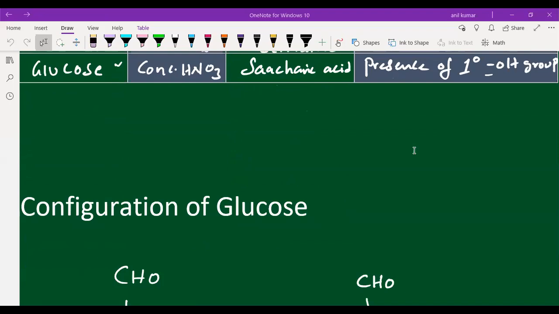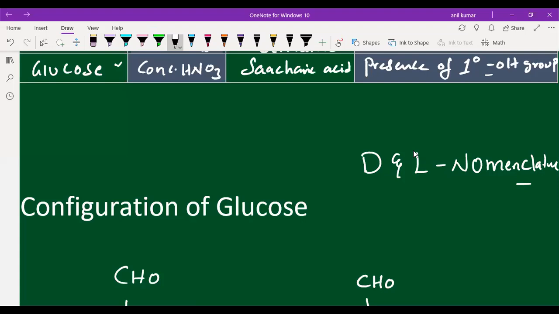There is a special type of nomenclature called D and L nomenclature, capital D and capital L. We give this configuration for trioses, tetroses, pentoses, hexoses, especially for sugar molecules.